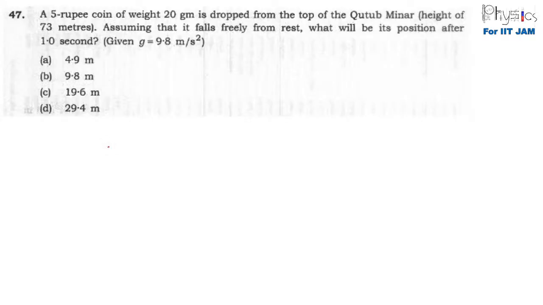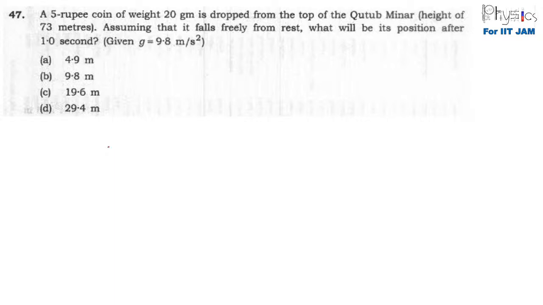See this one. Okay, the question is: a 5 rupee coin of weight 20 gram is dropped from the top of the Qutub Minar, height of 73 meters, assuming that it falls freely from rest. What will be its position after 1.0 second?